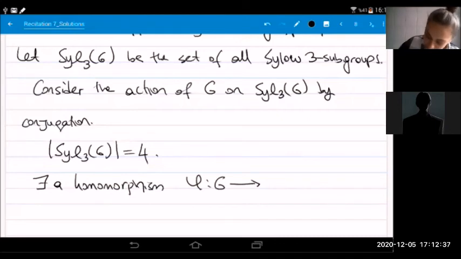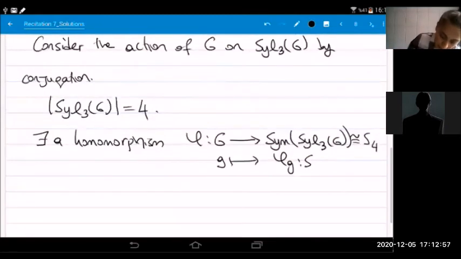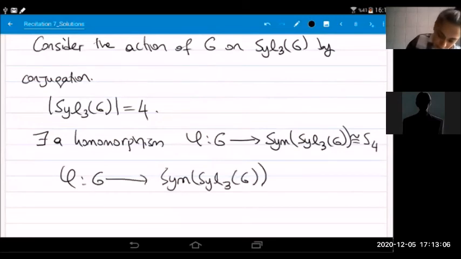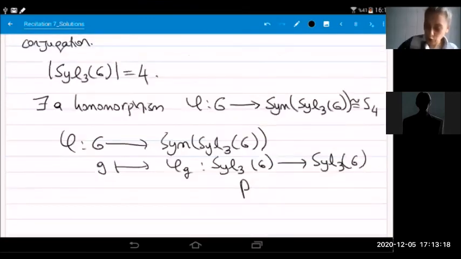So there exists a homomorphism, since we have the action, homomorphism phi from G to the symmetric group of Sylow 3G, which is isomorphic to S4 as its size is equal to 4, taking an element g to phi sub g from this set to the same set, taking a Sylow P subgroup to its conjugate.